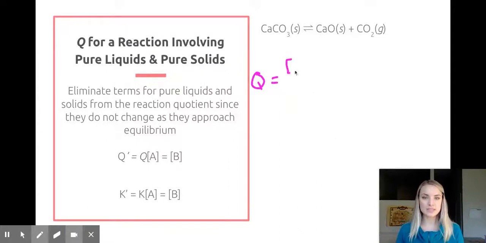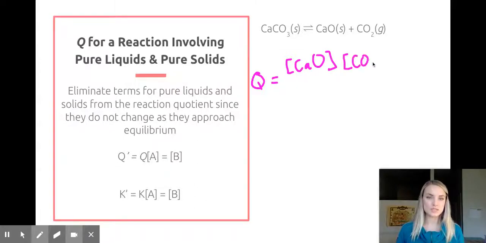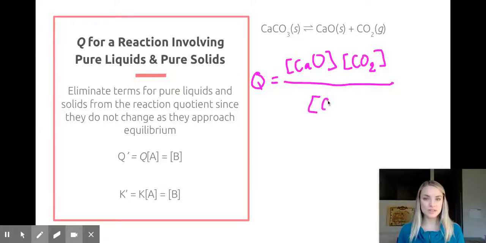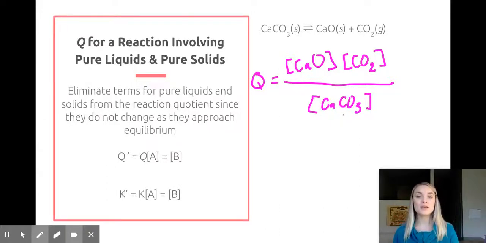We've got the concentration of CaO times the concentration of CO2, and we divide that by the concentration of CaCO3. None of these have coefficients greater than 1, so they all are raised to the first power.